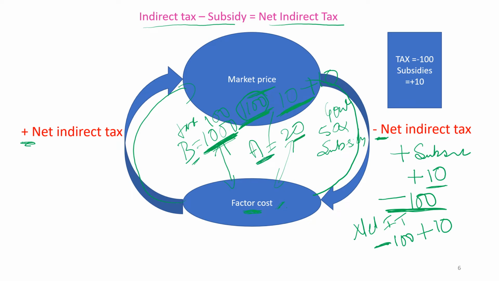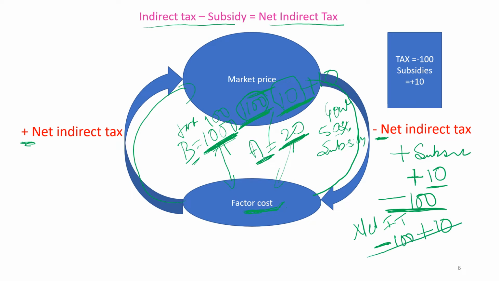With respect to A product, the factor cost is 20 rupees, but the government has given 50% subsidy. That means it is available at 10 rupees, but 10 rupees has been given as subsidy by the government. Now that subsidy has to be added to come to the original cost, which we call factor cost. So here I am adding 10 rupees which was given as subsidy by the government.